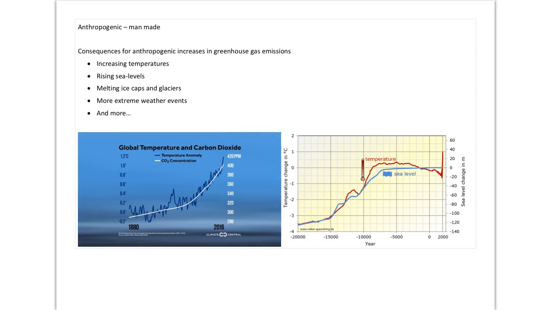We're also seeing greater temperature differences at the surface of the planet, and this is leading to much more extreme weather events. And there are also a lot of other effects, biological, spread of diseases, and various things that we could talk about that are also related to increases in greenhouse gases and increases in global temperatures.